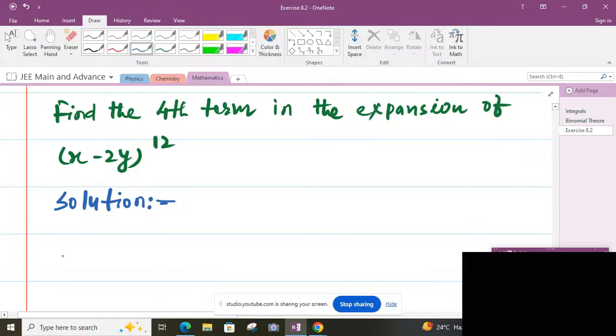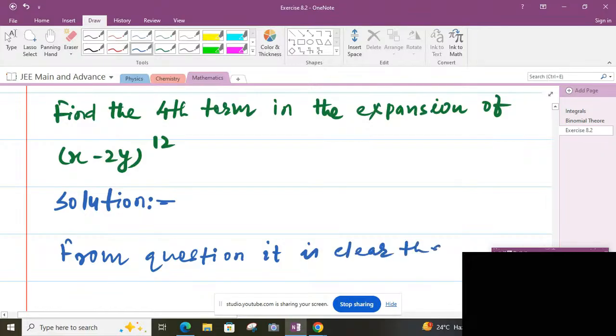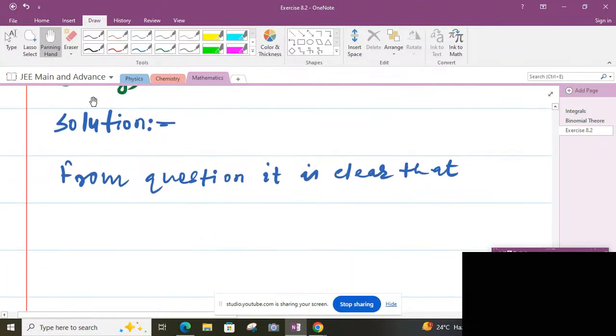From question it is clear that here T r plus 1 equal to the fourth term, so r plus 1 equal to 4.